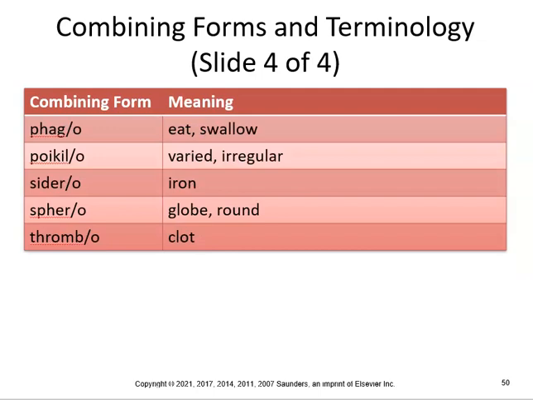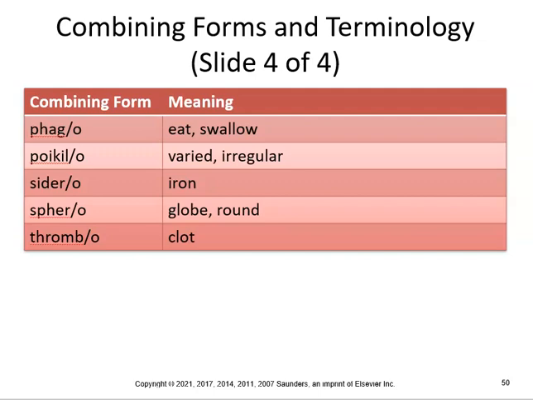Phage, eat or swallow. So phagocyte, a cell that ingests other cells or microorganisms. Poikilo means varied or irregular, so poikilocytosis, irregularity in the shape of red blood cells.